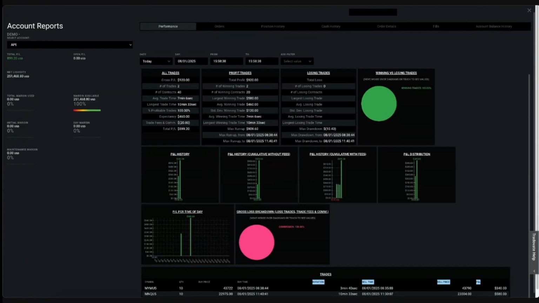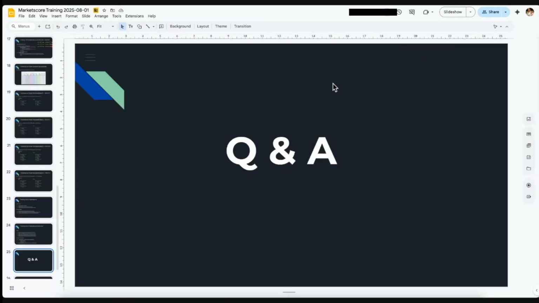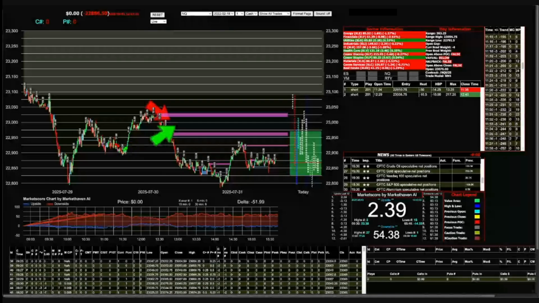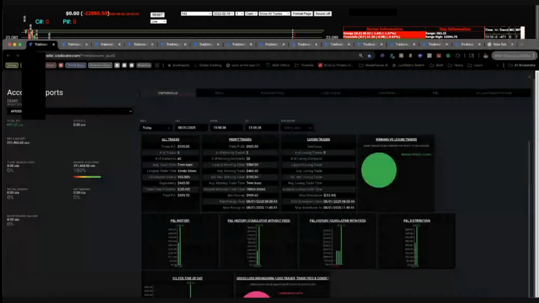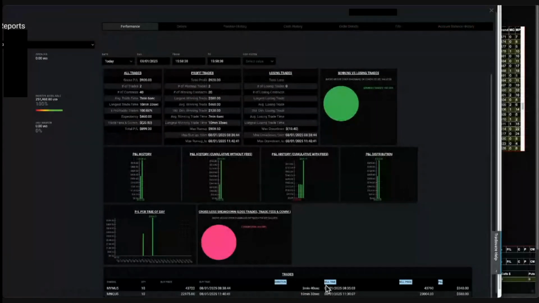Oh, and I should pull up today. Let me pull today up really fast. So you can see today, it only took this first trade right here. The entry on it was 2308, but it actually got in at 2304, so it didn't quite hit that target, but it still managed to make it.